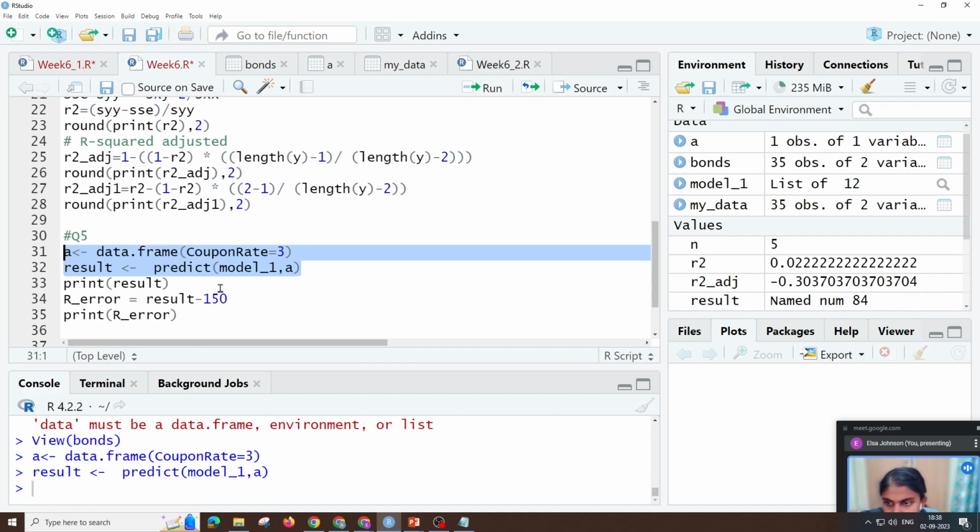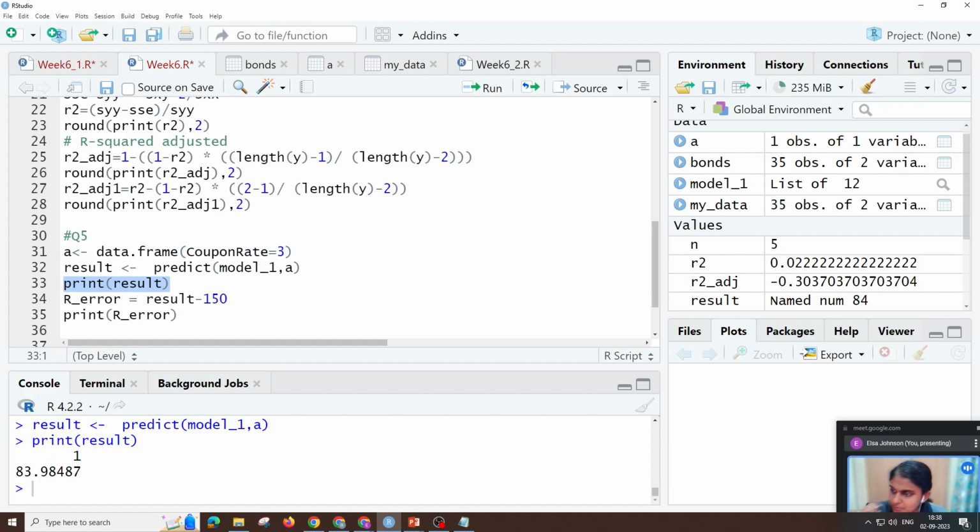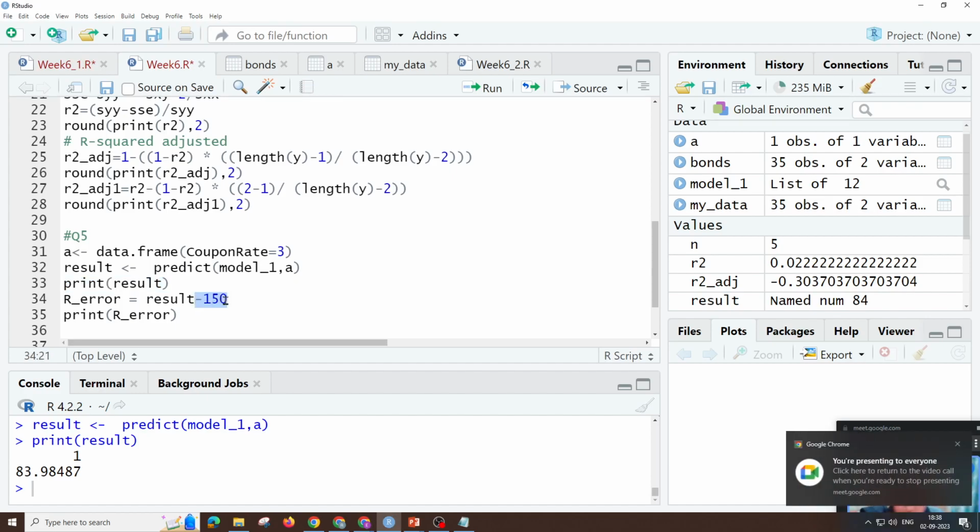If you give like that and just print the result, you'll get this result. Actually, the data frame should also include the y value also.